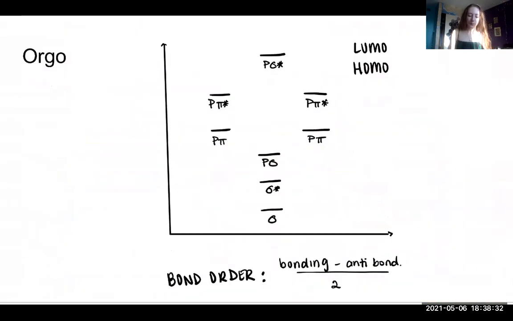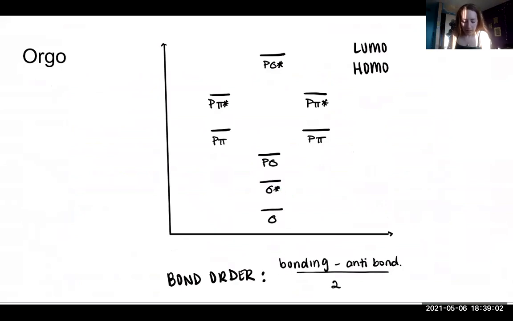Okay. Now we can talk a little bit about molecular orbital theory, and we're pretty much done. So here you kind of have to memorize, unfortunately, the orbital orders. So we're going to have bonding and anti-bonding. Anti-bonding are the ones with stars, okay?